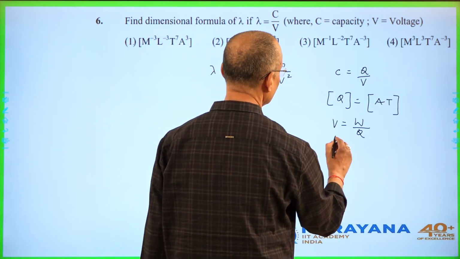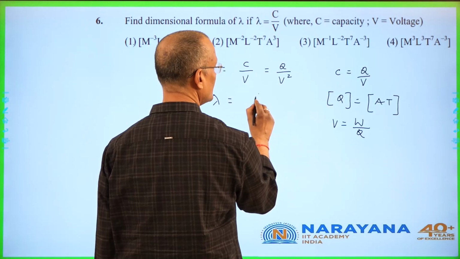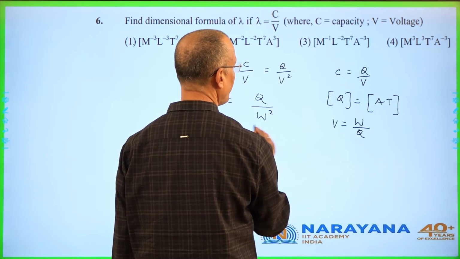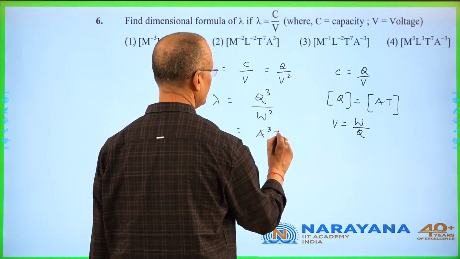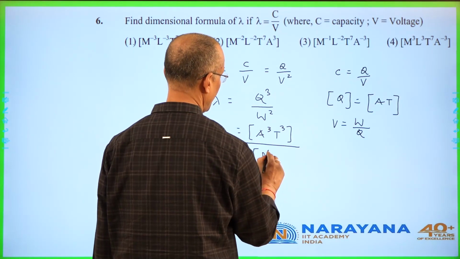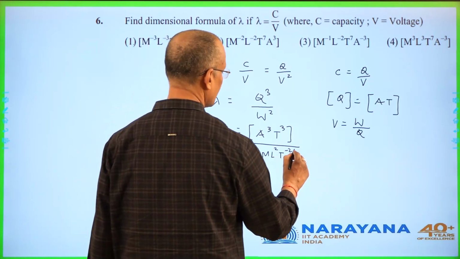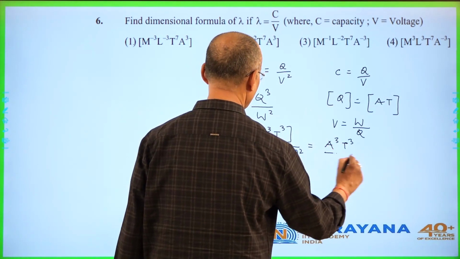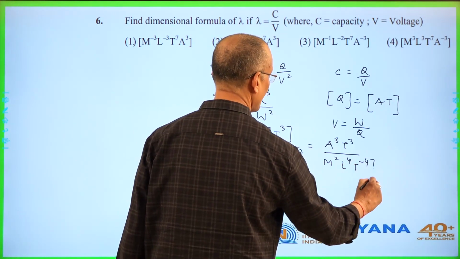So, Q by V squared, lambda is Q by V squared, W squared by Q squared, and with the other Q it becomes A cube T cube by ML2 T minus 2, work done, this squared. So, I am getting A cube T cube by M2 L4 T minus 4.